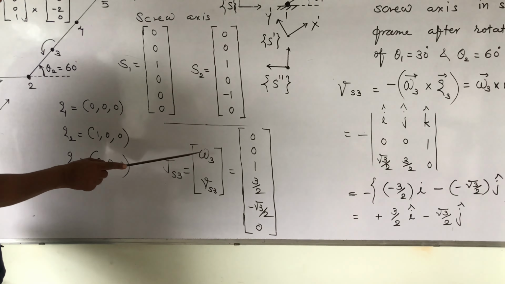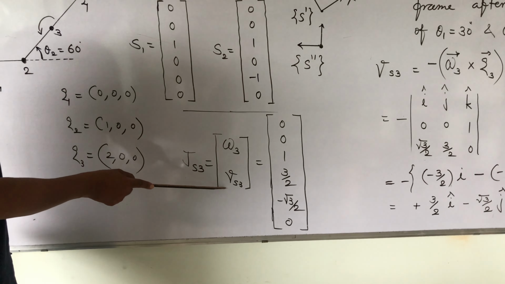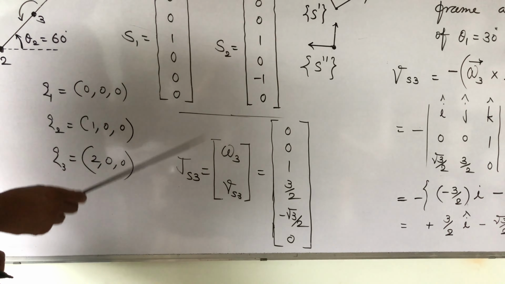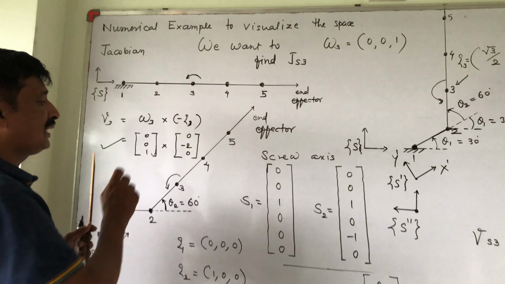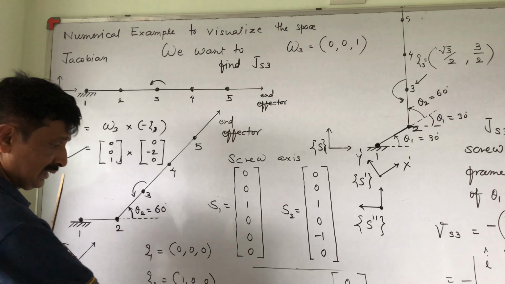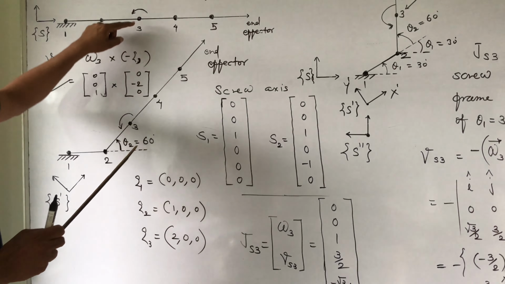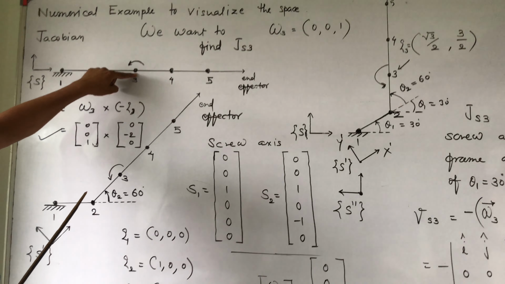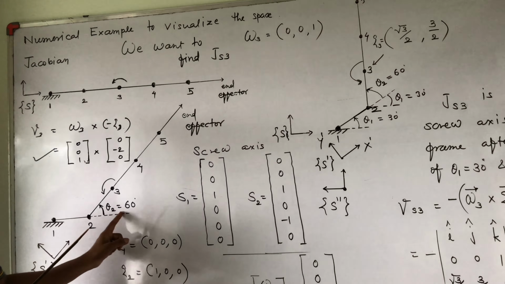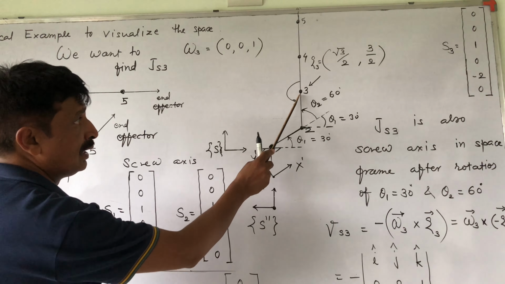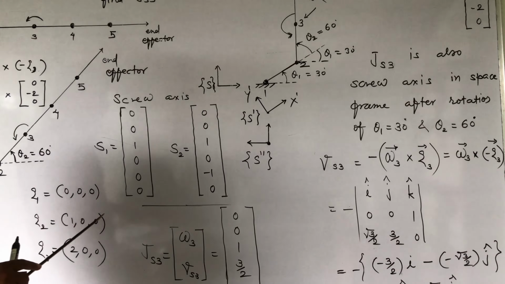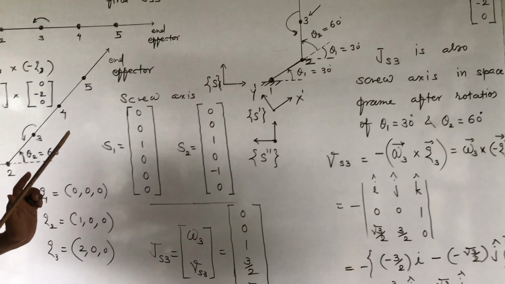So JS3 is omega 3, Vs3: 0, 0, 1, 3 by 2, minus root 3 by 2, 0. That is, we are changing theta 3 dot only. We are rotating this axis only at the rate of 1 radian per second. After applying theta 1 and theta 2, this is the Vs, if we consider the body frame origin and space frame origin. This is the geometrical result.